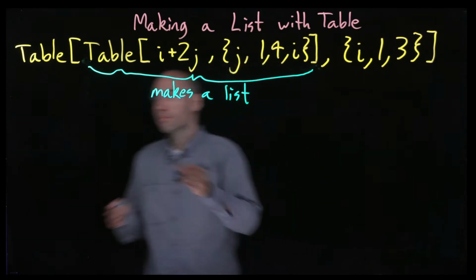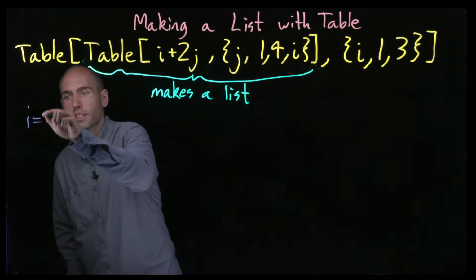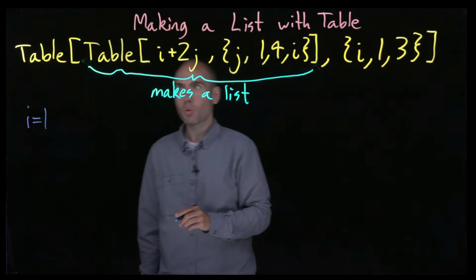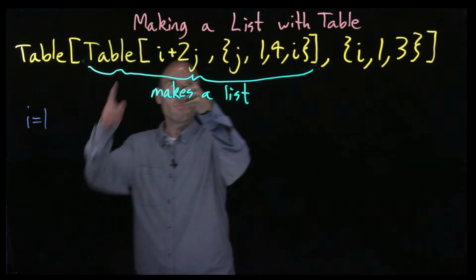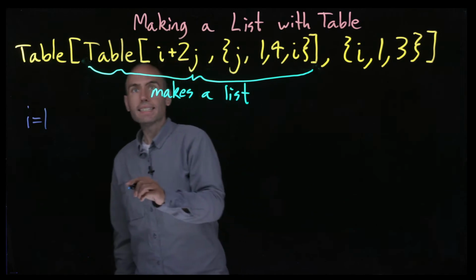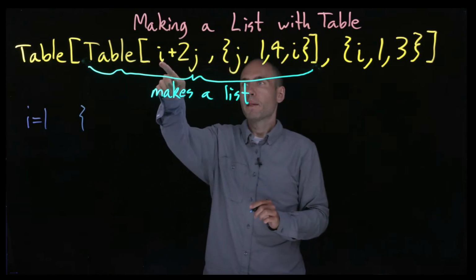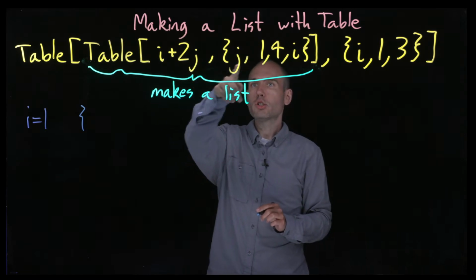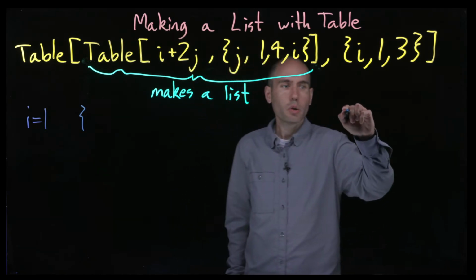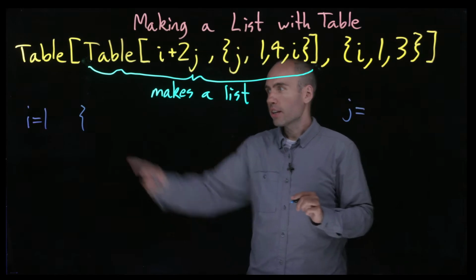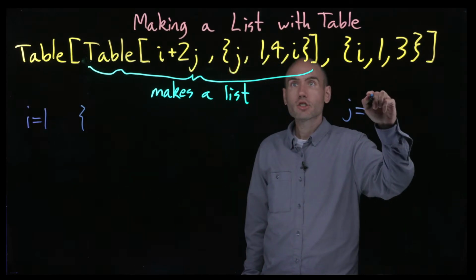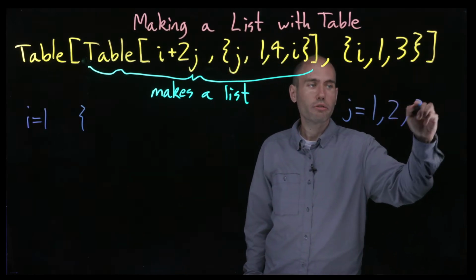Let's see what happens in the first case. When i equals 1, what's the inside list that gets made? I have 1 plus 2 times j. What's j going to be in this case? j is going to be 1, 2, 3, 4.